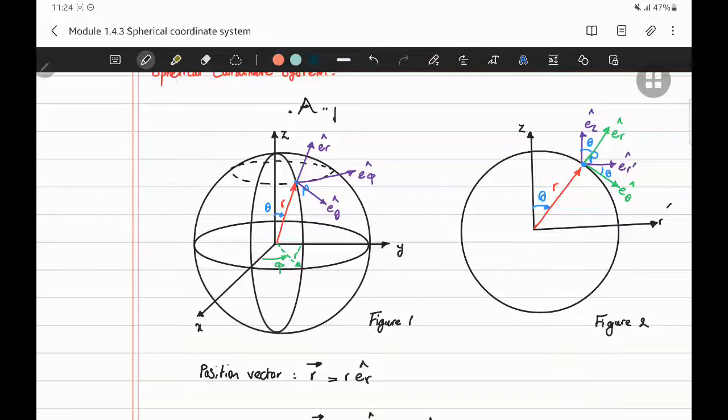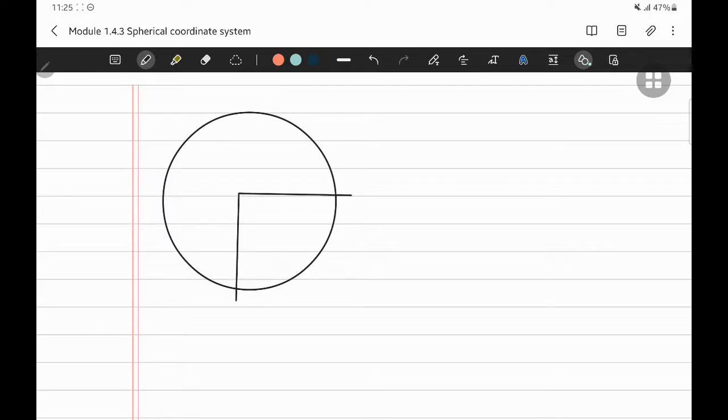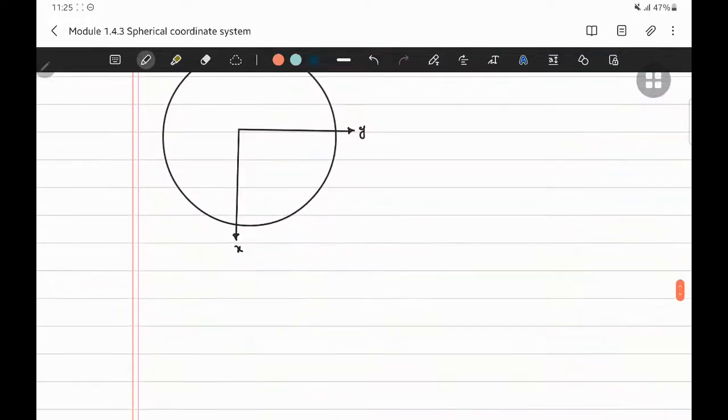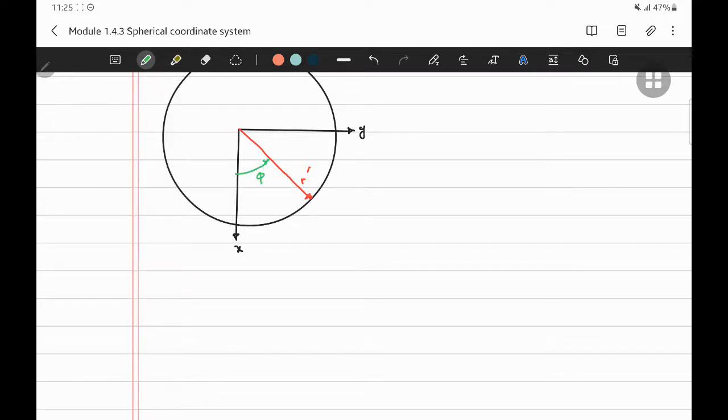From this side, we look at it, so we have this x and this y in here, and you can see that y is increasing in this direction. We have r prime, so phi is increasing in this direction.